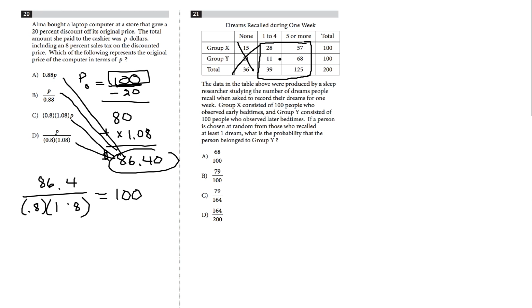The group Y people that recalled at least one dream would be 11 plus 68, a total of 79. Out of how many people? Well, we would add these two together. That's the total number of people that had at least one dream, which would be 164. So the answer is 79 over 164.